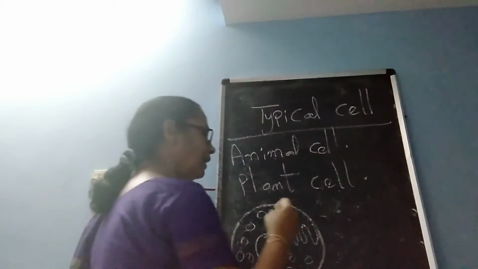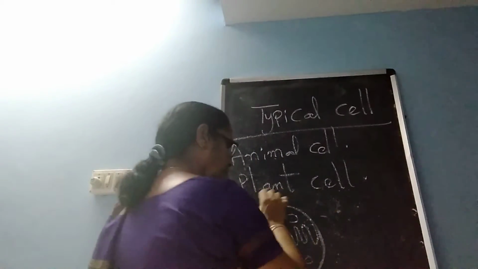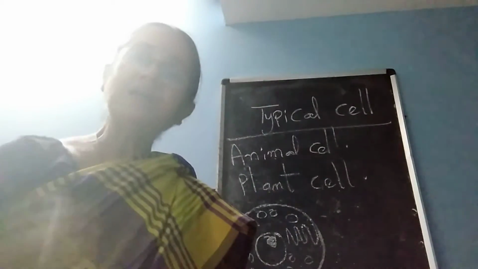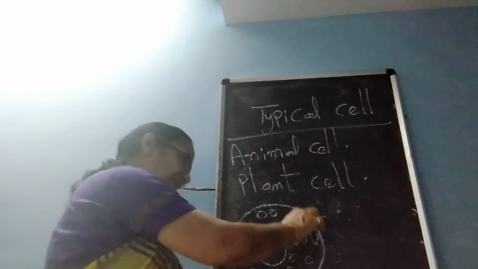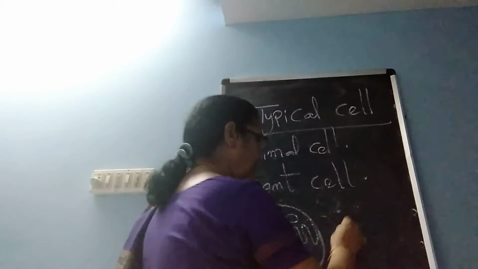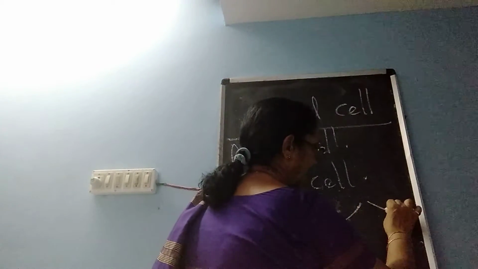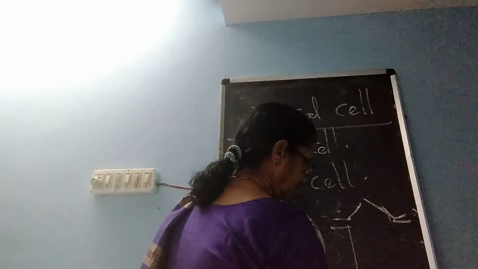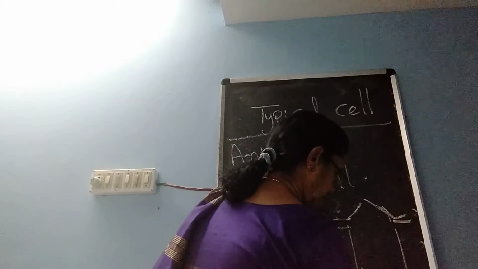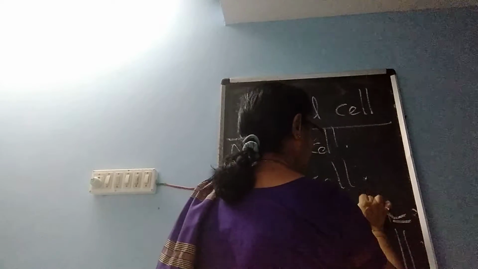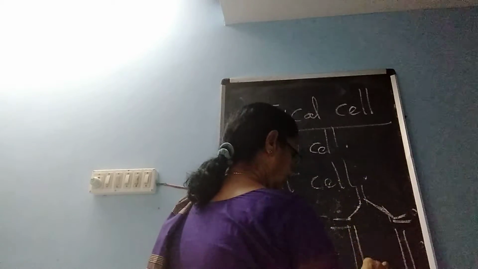To observe the plant cell, the difference between plant cell and animal cell is that the cell wall is absent in the animal cell, whereas in the plant cell we find this.